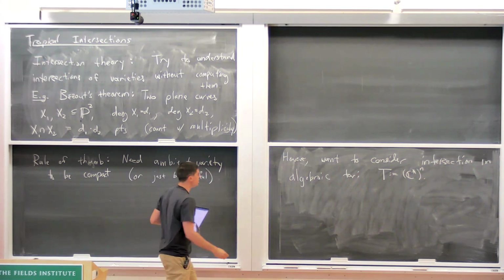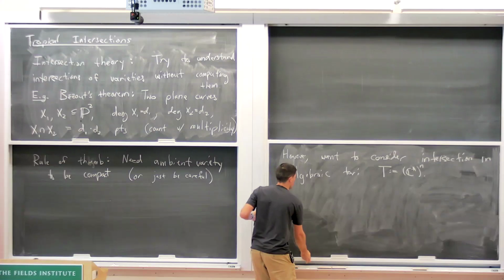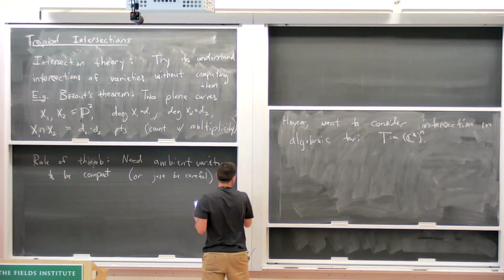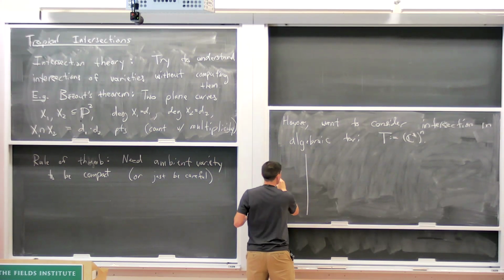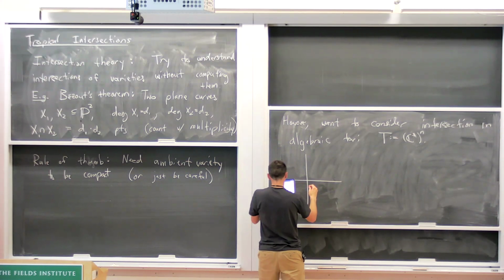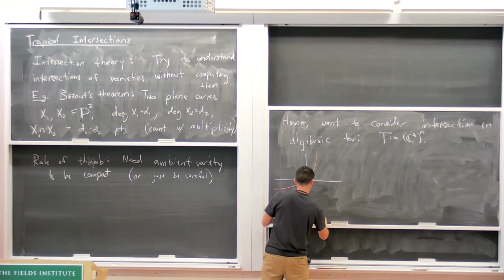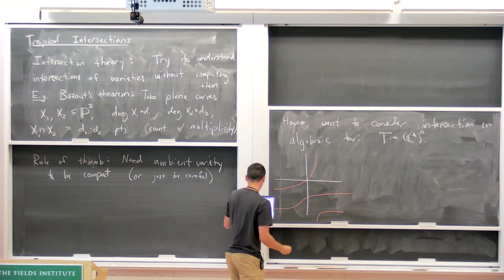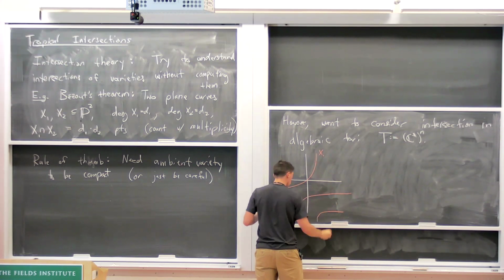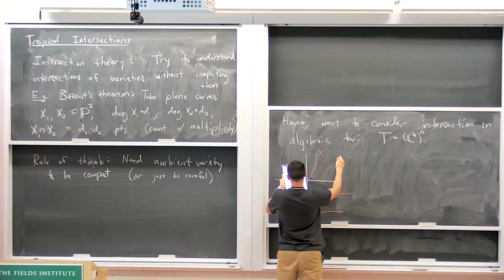Okay, so I need to start drawing pictures. We had two plane curves, which I want to be slightly careful in drawing. Maybe one of them looks like this. This is my X1, and the other one maybe looks like this.